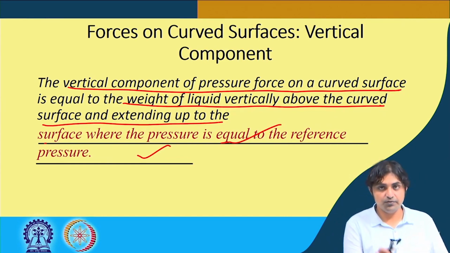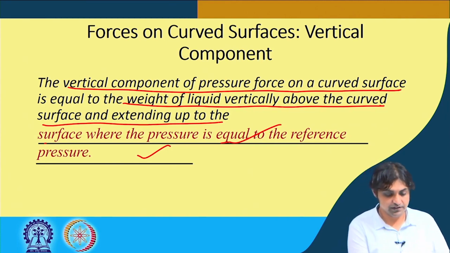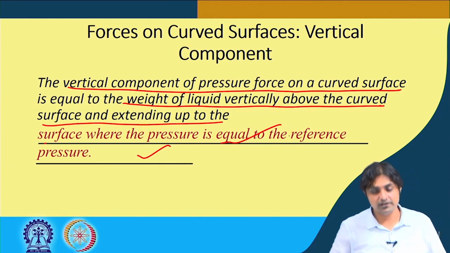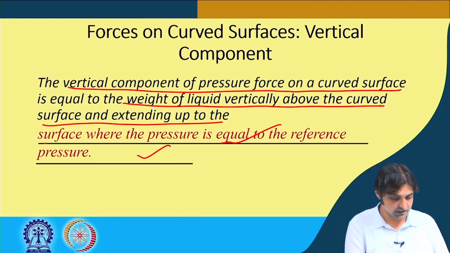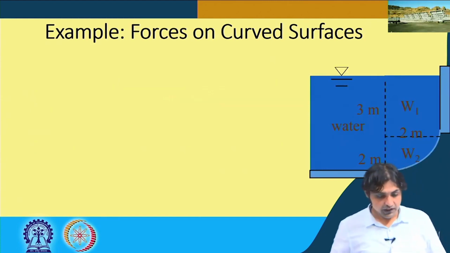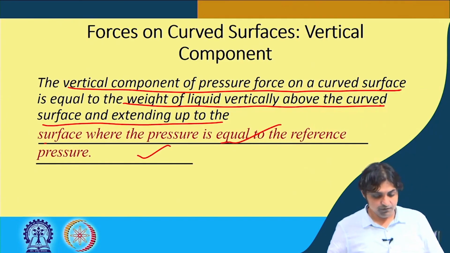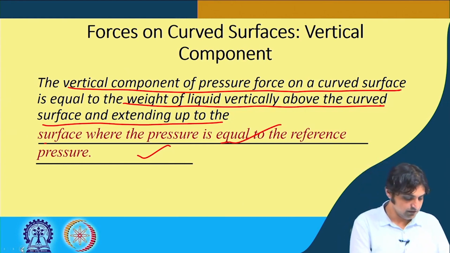So the vertical component of the pressure force on a curved surface is equal to the weight of the liquid vertically above the curved surface, okay, and extending up to the surface where pressure is equal to the reference pressure. So that means up to the free surface in our case. Okay, so we will understand this particular part using a solved example. This is pretty simple to understand.